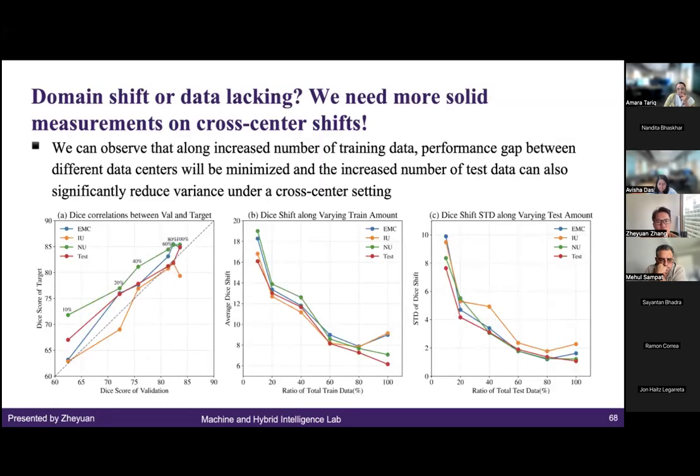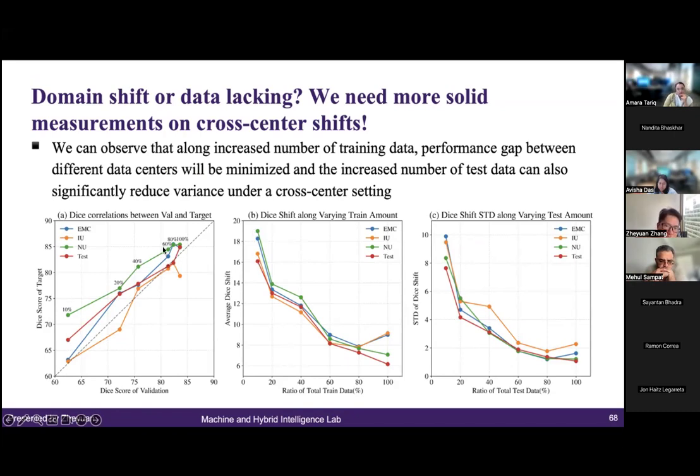Then we validate one problem: whether this distribution shift between different data centers comes from a domain shift or from data leakage. For example, here, initially we don't have sufficient data samples for training, then the dice coefficient will be very low, and the variance between these different centers will also be very high.